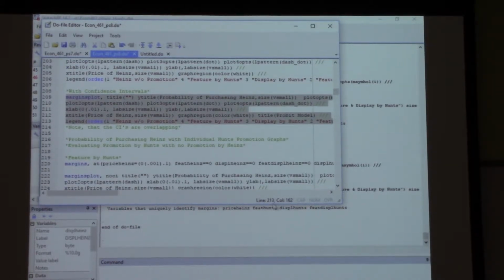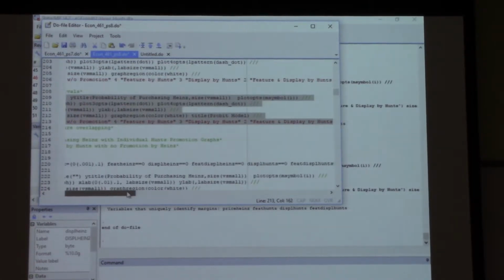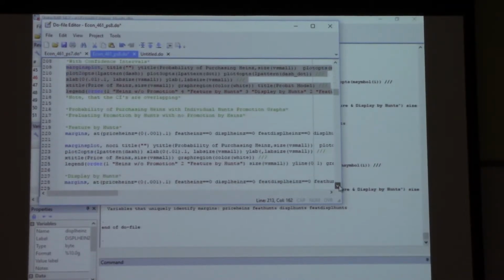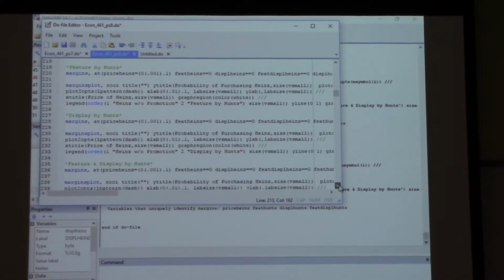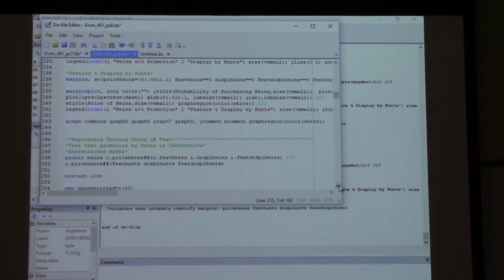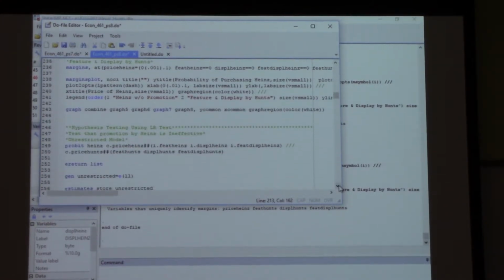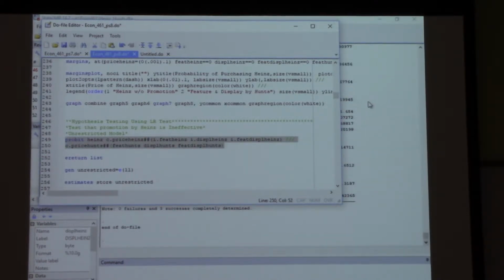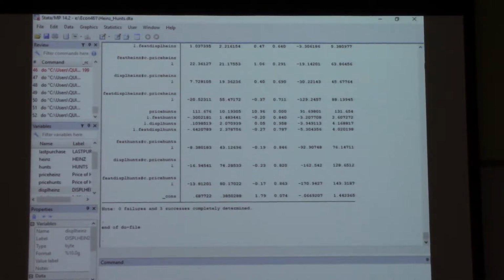Let's see what we're doing. These are just analyzing them individually, and we don't need to do that. Display. Yeah. So hypothesis testing, I think we did this last time, but we'll do it again. So here's our full model.